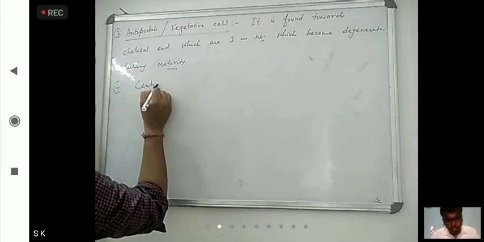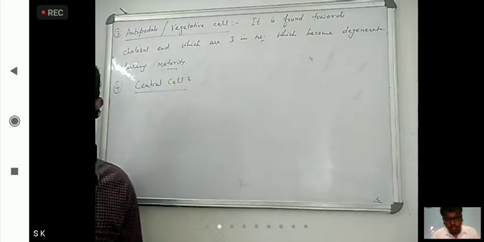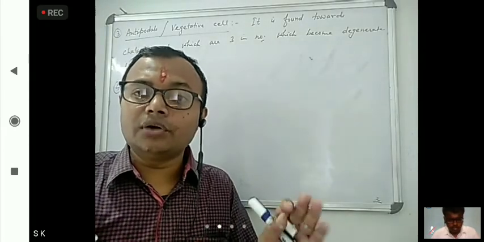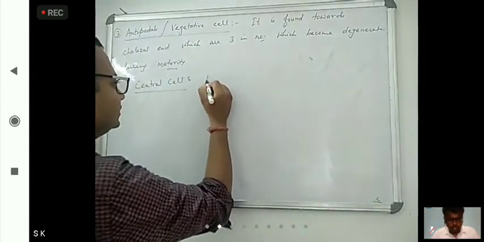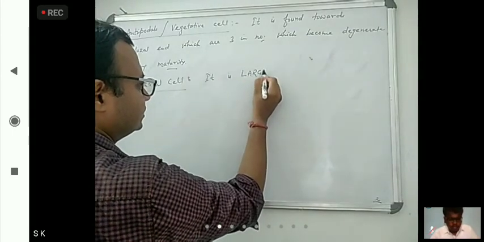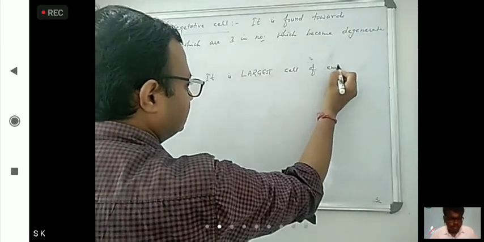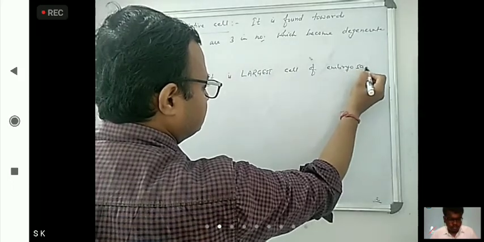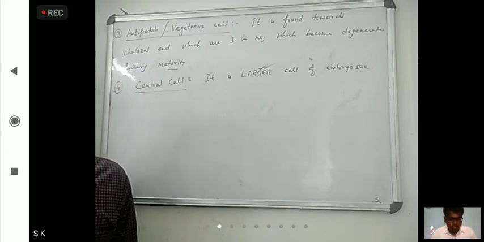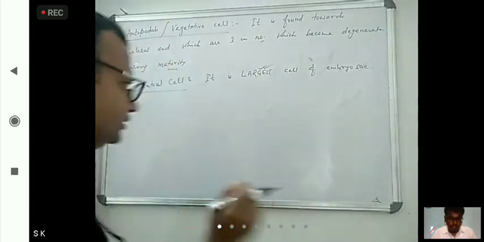Now, last is the central cell. It is the largest cell of the embryo sac. This you have to remember: the largest cell of the embryo sac, which contains two polar nuclei.